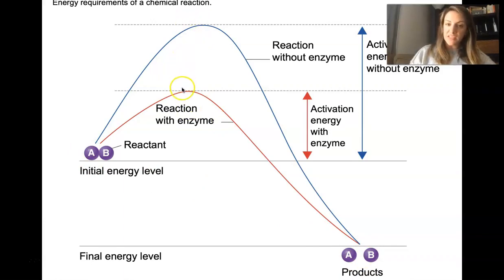By reducing activation energy, that reaction then can happen faster. Okay, so again, this reaction would happen without an enzyme. It just might take a really long time. With an enzyme, activation energy is reduced, and now it's more likely for this reaction to occur.